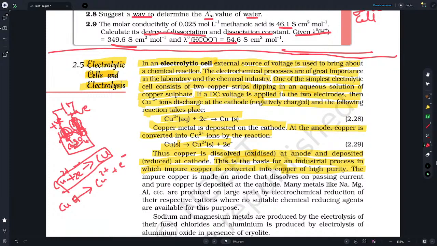With this, the impurities in the copper electrode settle down, which is called anode mud, and the pure copper is deposited on the cathode. This is a basic purification process in the industry.